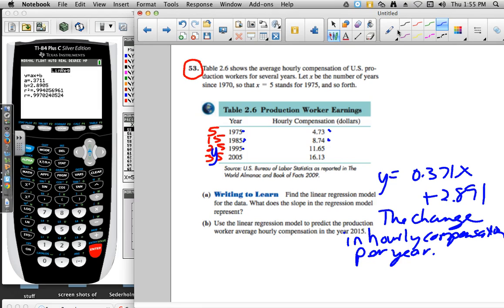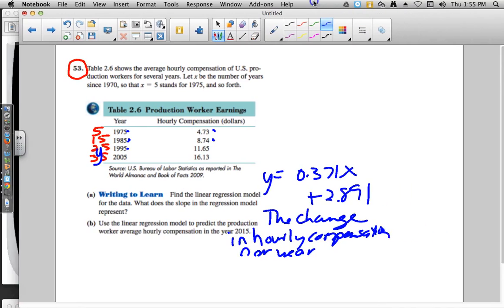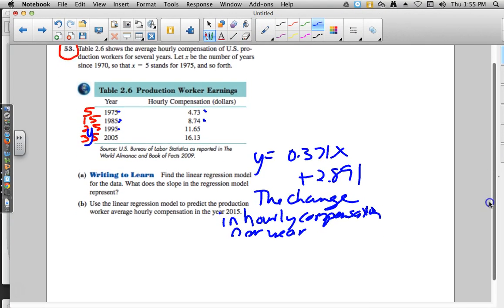Because it's money, we might want to go ahead and say it is approximately... This scrolled up a little bit so you can read this easier.